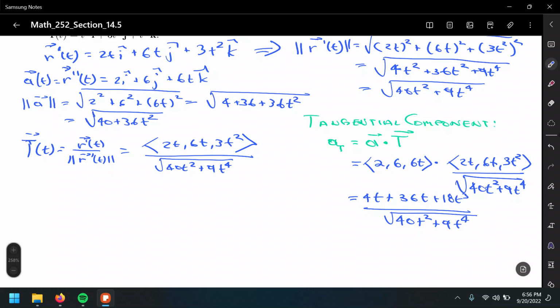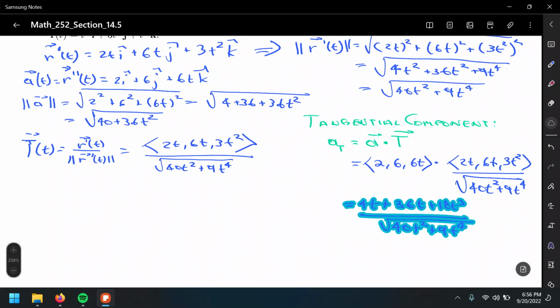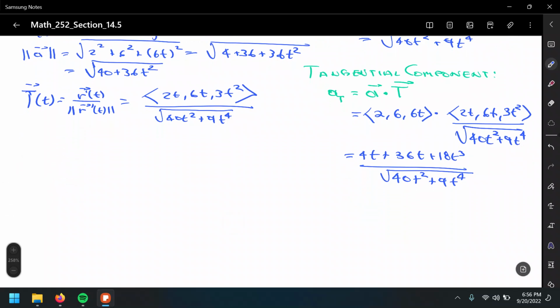And let's simplify some of the like terms then. In fact, we have some over here. Let me make some space here to make it look nicer. Yes. So this will be 4t plus 36t.